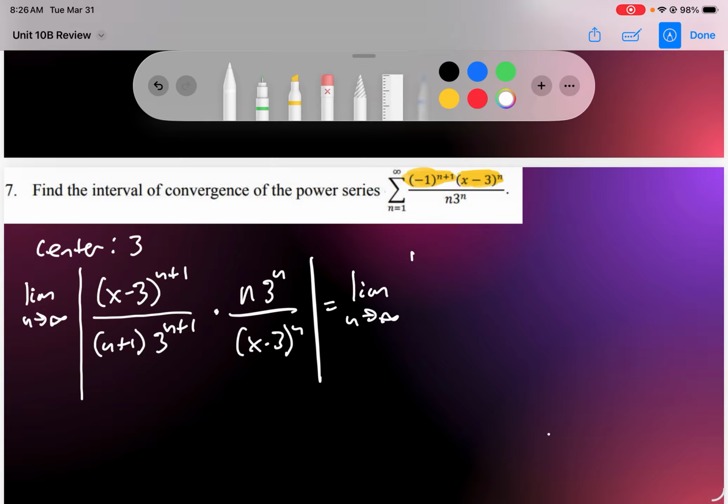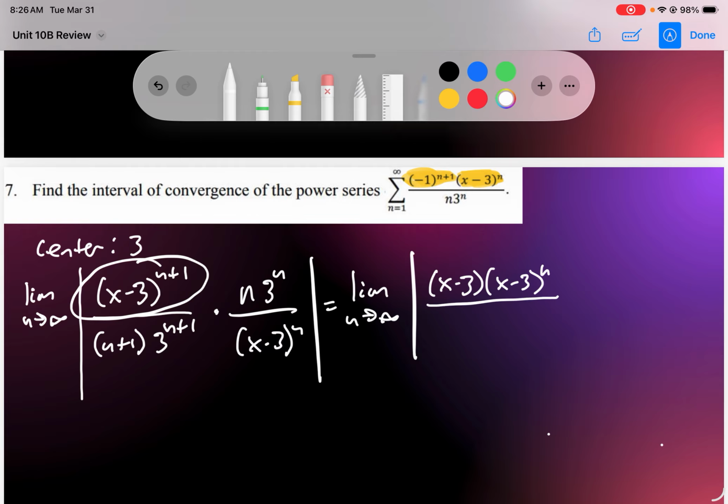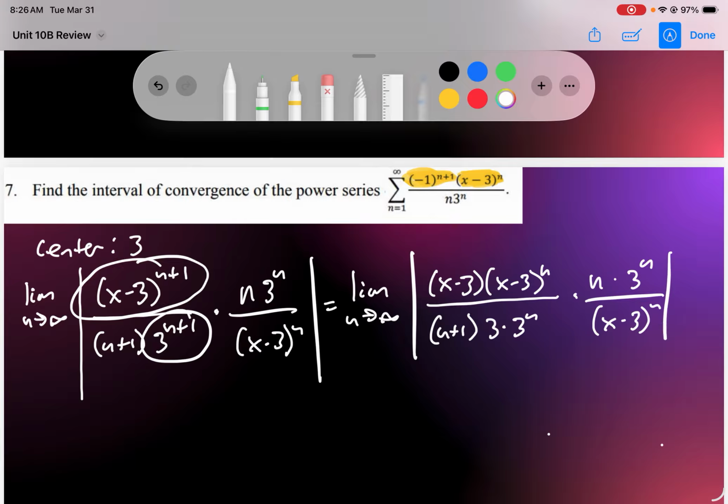So the limit as n goes to infinity. And I'm going to rewrite this as x minus 3 times x minus 3 to the n. I will rewrite 3 to the n plus 1, so I'm going to keep the n, and write it as 3 times 3 to the n. Just copy everything else down. We're going to look at which terms cancel out.